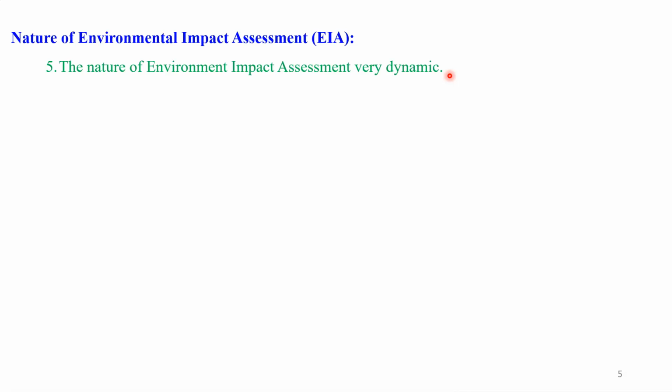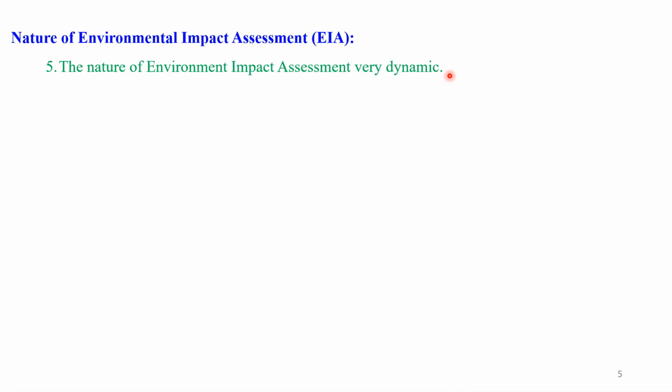Therefore, in this process, we use various updated and very accurate methods that give us very important, scientific and accurate information about the impact of the development project on the environment.